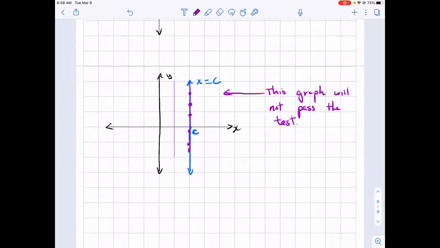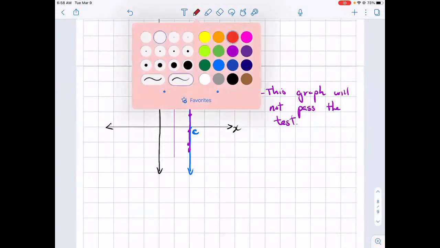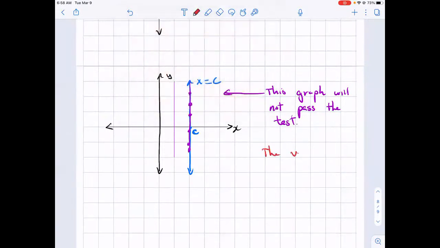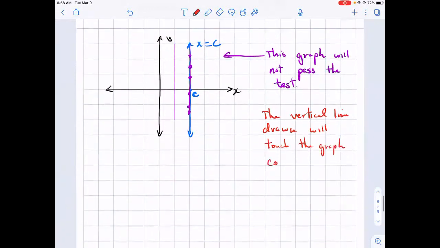So you notice that the vertical line drawn will touch the graph continuously, not just one place, but everywhere.